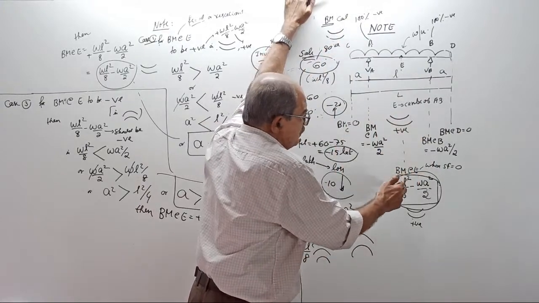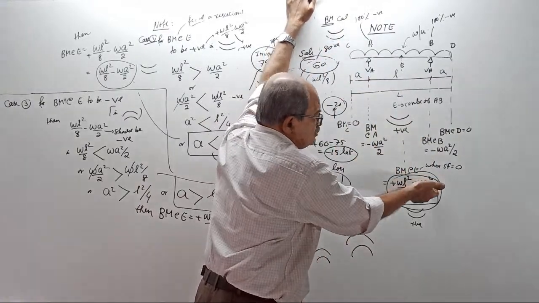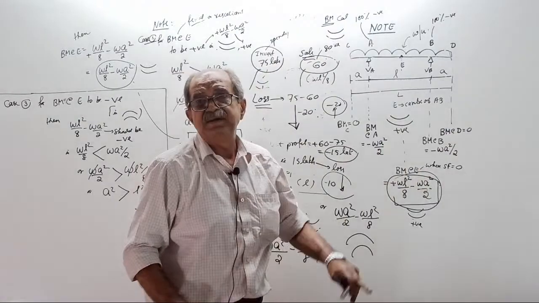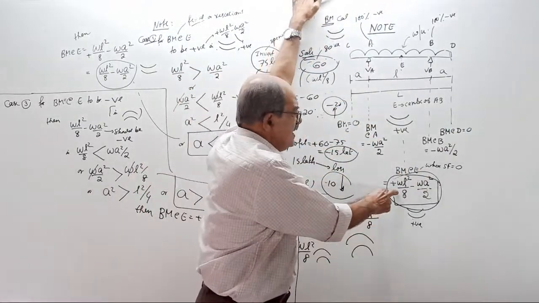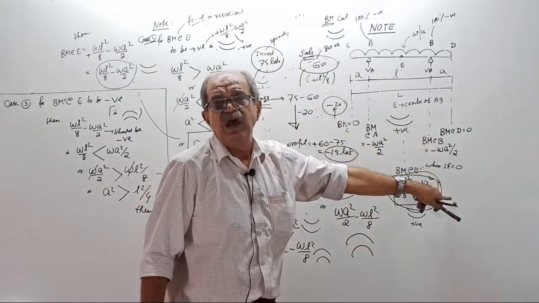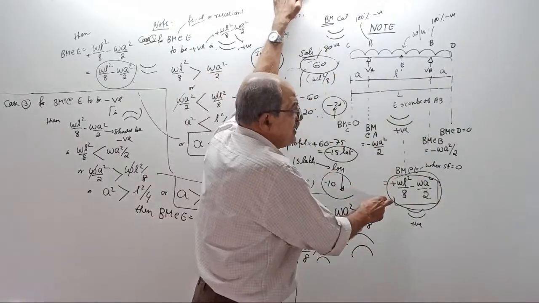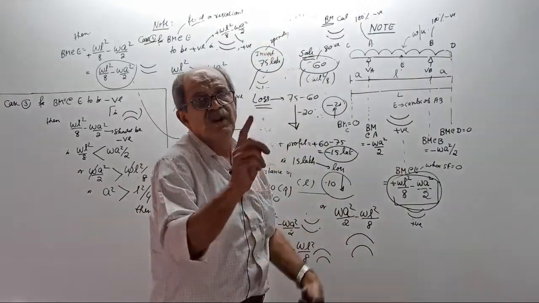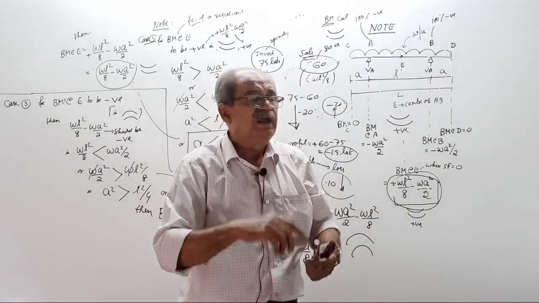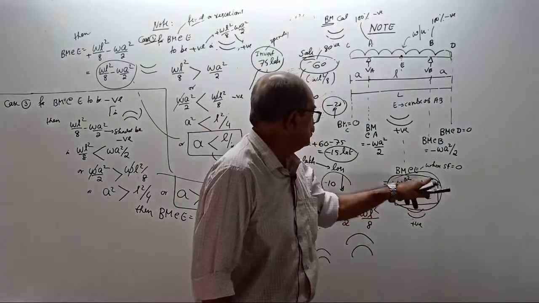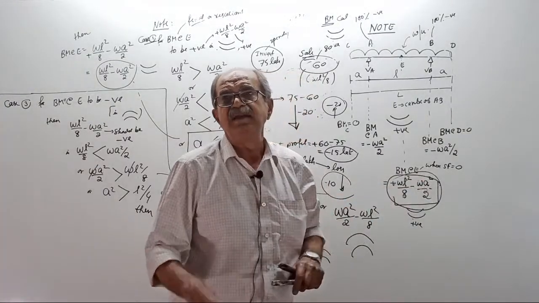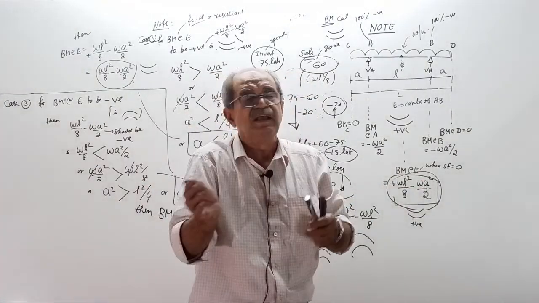WL square by 8 is sagging, but WA square by 2 is hogging. Hogging is more than sagging. So with sagging positive, answer will come negative. Therefore, it is WA square by 2 minus WL square by 8. That much hogging.